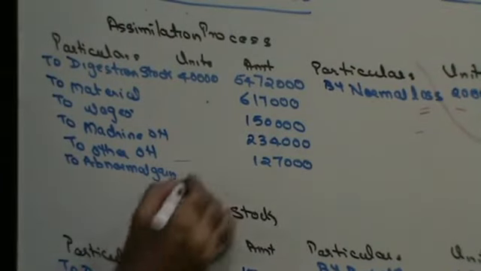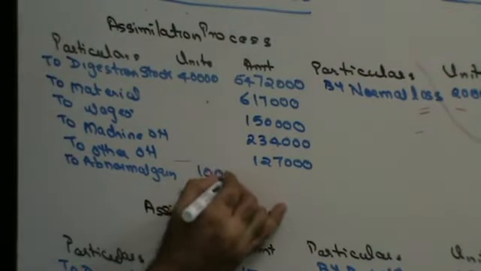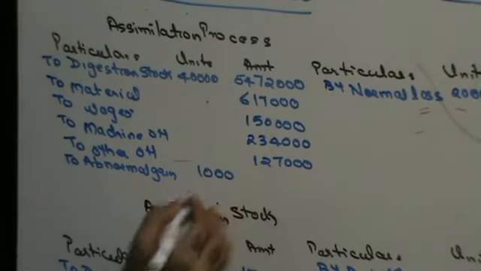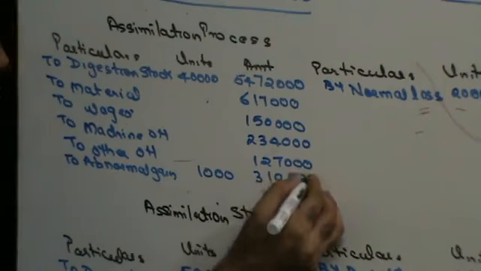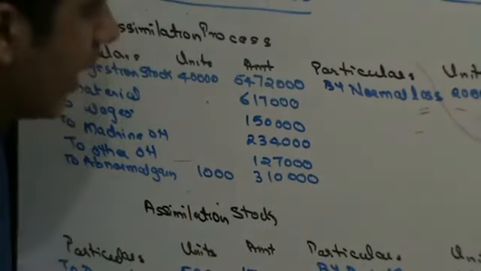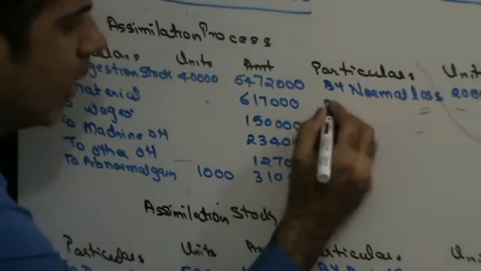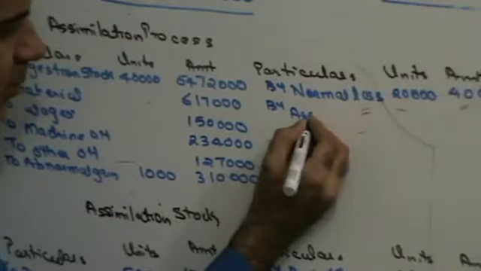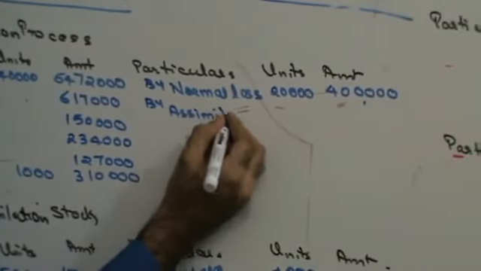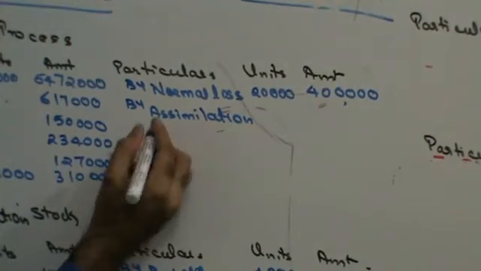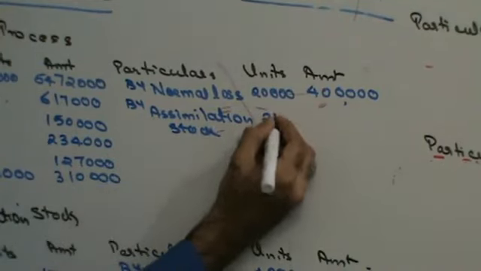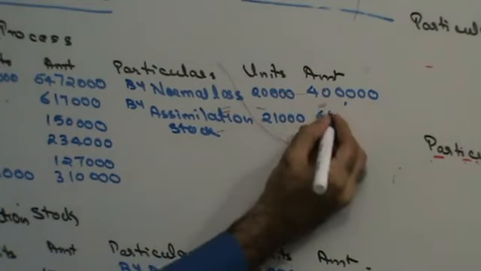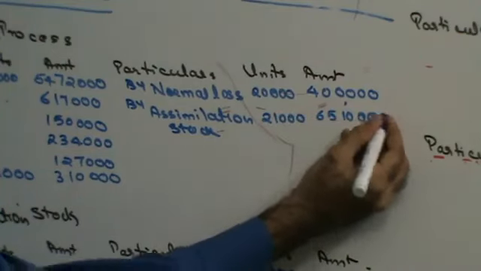Abnormal gain is 1,000 units and this is 3 lakh 10,000. Right? And the output will be by assimilation. My assimilation stock is 21,000 units and 65 lakh 10,000.